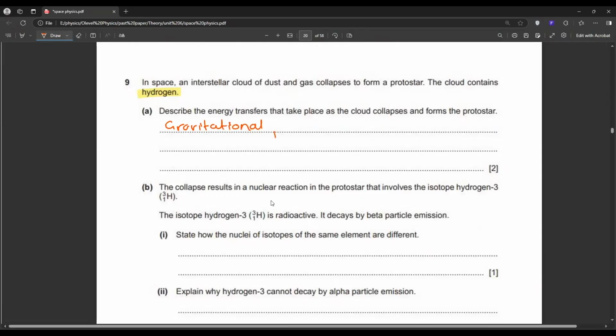Gravitational potential energy gets converted into internal energy. Simple as that. As your cloud is collapsing and forming a protostar, gravitational potential energy gets converted into internal energy.